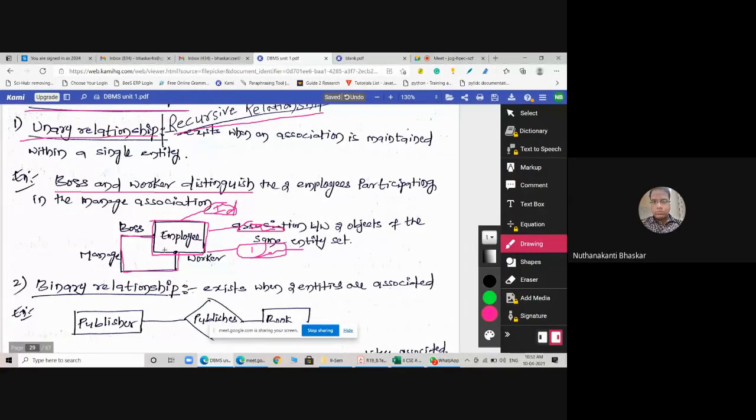So now I am taking only one entity for representing the total employees, so that I am making a relationship without taking any extra entity. It is going to have only one entity, that is a unary relationship or recursive relationship. The boss manages workers. Sometimes a worker manages the boss. Correct or not?